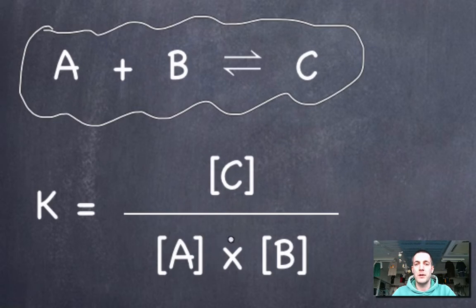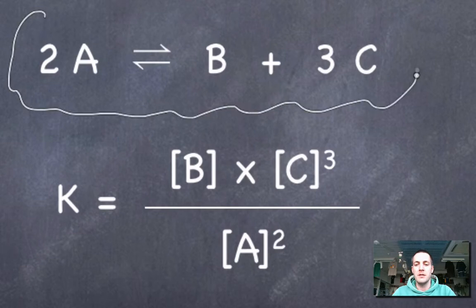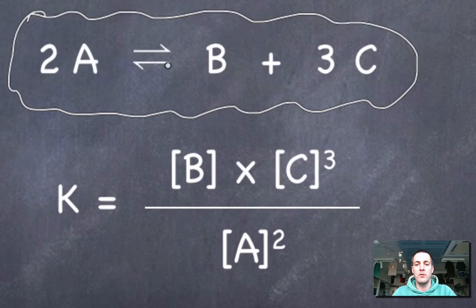They'll always be multiplications. And what is more, if you've got some stoichiometric coefficients, that is to say some numbers in your equation that talk about the number of moles reacting of each substance, then we have to do something with these numbers when we come to write our equilibrium constant expression. So here we've got B and C in the products, so they're on the top of our equilibrium constant expression.